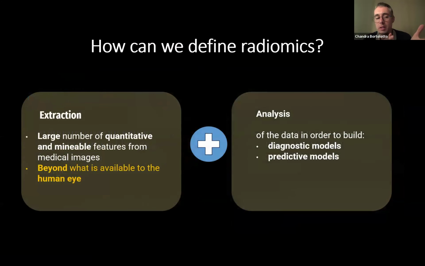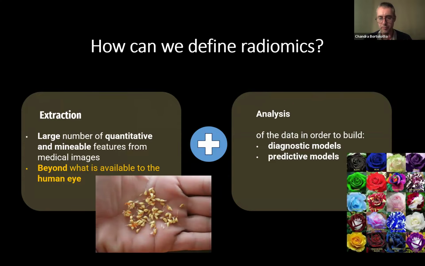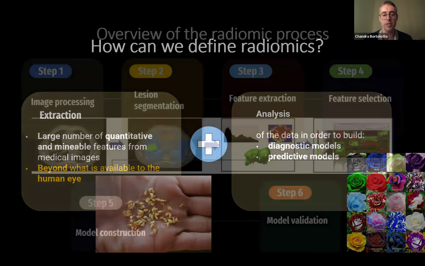So we extract those features which go beyond what's available to the human eye. Those features are mathematical features that are used to build diagnostic and predictive models. So you give this system the seed, and this system will tell you what flower will flourish from the seed.